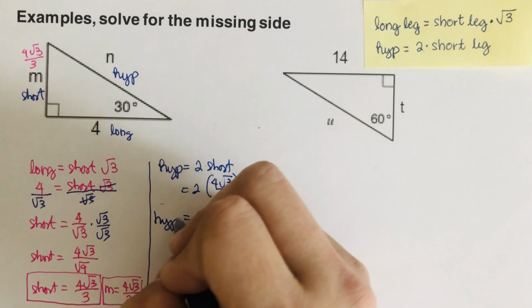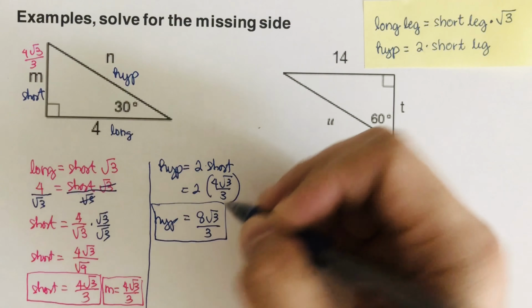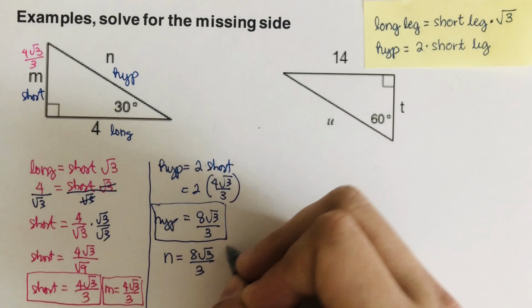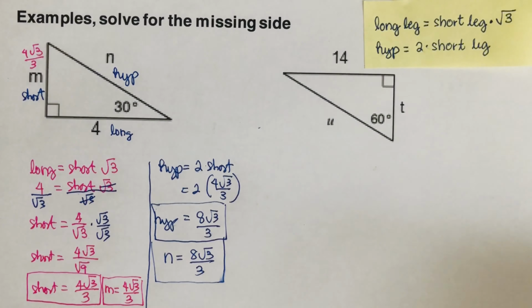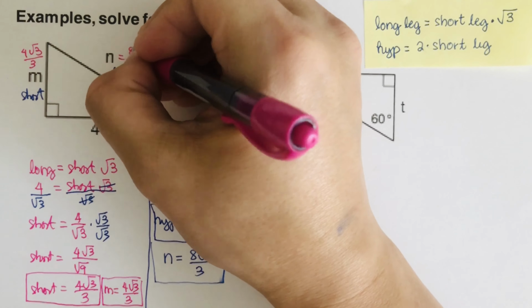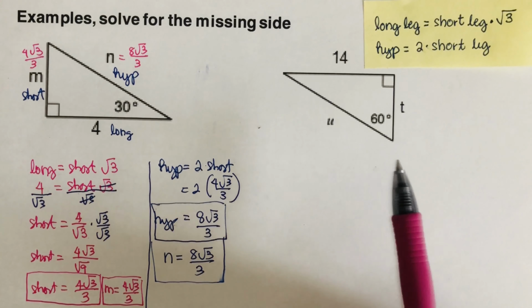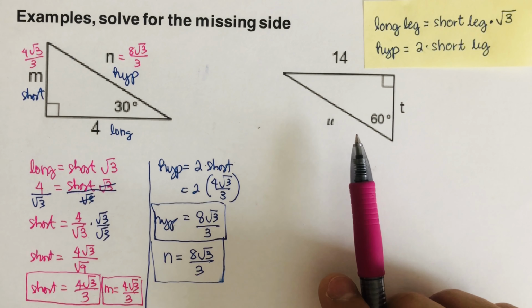This is the hypotenuse, which is represented as letter N. So the answer to this is 8 square root of 3 over 3. At this time, I would encourage you to pause this video and try this problem out on your own. When you're done, unpause it and check your answer.